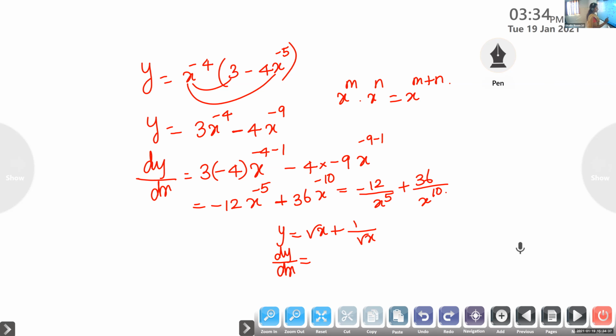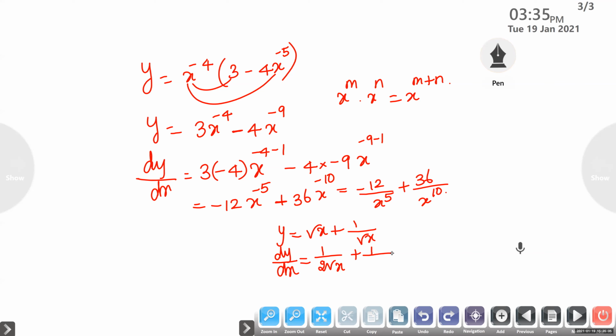What is the derivative of root x? 1 by 2 root x plus, what is the derivative of 1 by root x? Are you asking about the product rule or the quotient rule? I'm just saying keep that 1 by there itself and just do the derivation of root x. That one we will not get. I thought we'll be using the derivative of a function rule, the function of a function chain rule.